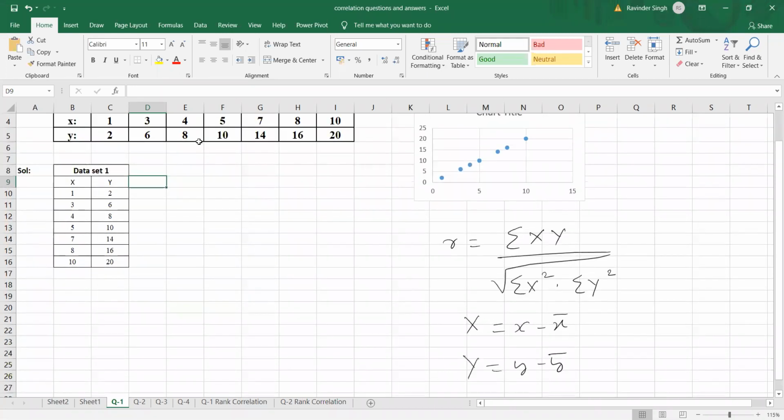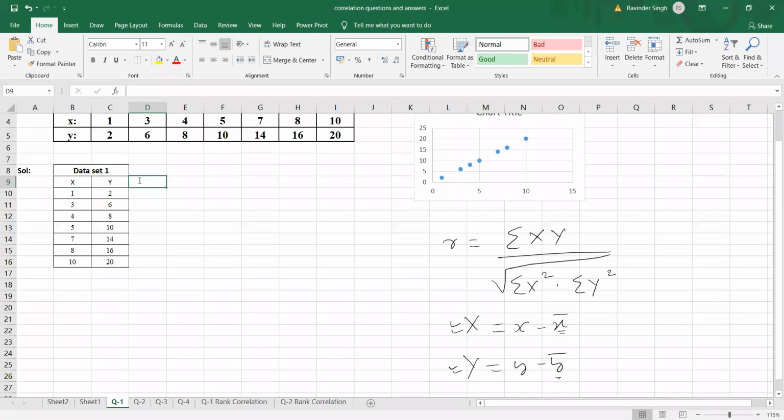So now to go ahead with the calculation, whatever the values we need to find, we have to write first. Okay, we need to find capital X value, we have to find capital Y. And to find capital X, capital Y, I need the mean values also. So let me write the value here.